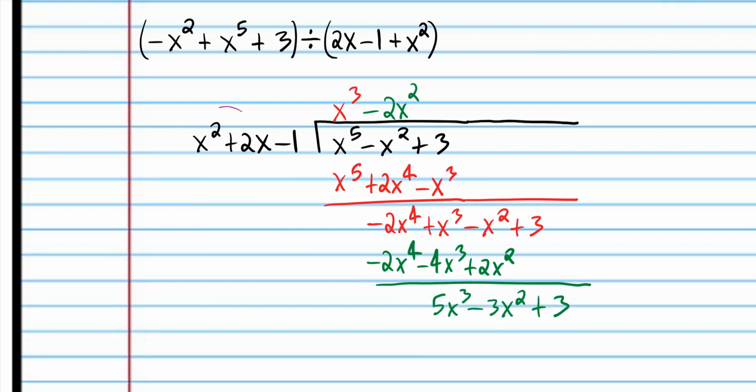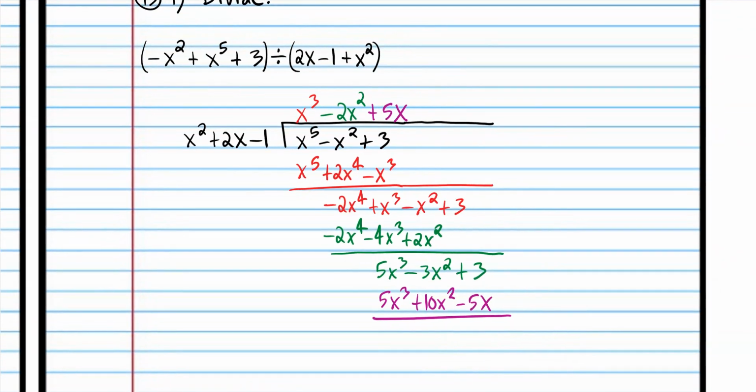So again, what number times x squared is equal to 5x cubed? Well, that's going to be 5x. So we write our 5x there. That's step 1 of the cycle. Step 2, multiply. And we get 5x cubed plus 10x squared minus 5x.